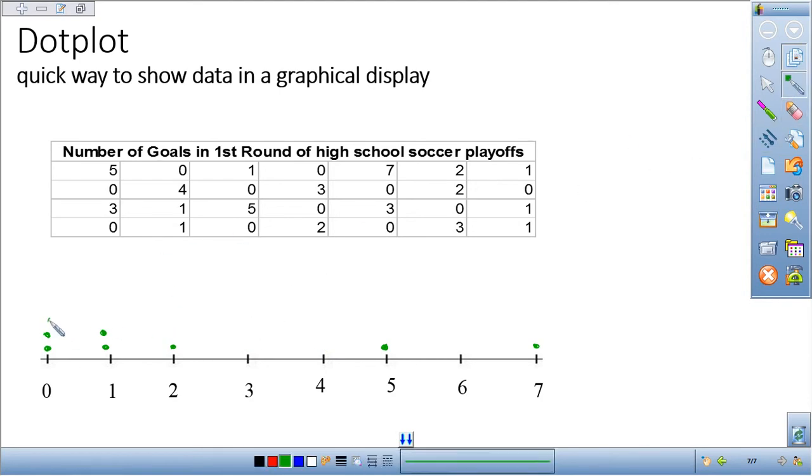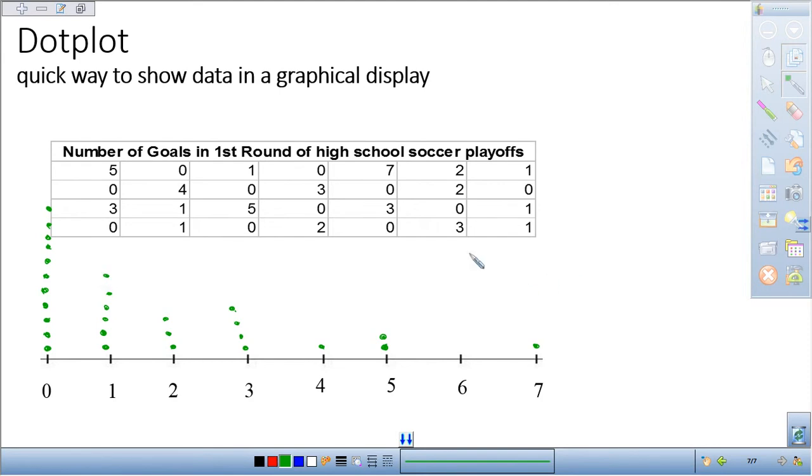So then the rest of these, again, 0, 4, 0, 3, 0, 2, 0, 3, 1, 5, 0, 3, 0, 1, 0, 1, 0, 2, 0, 3, 1.